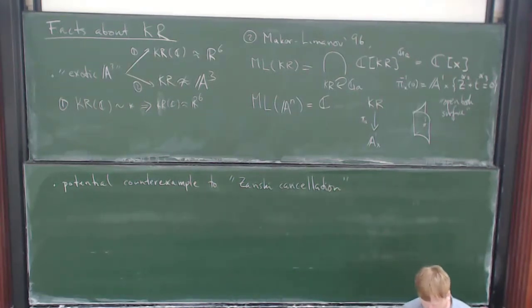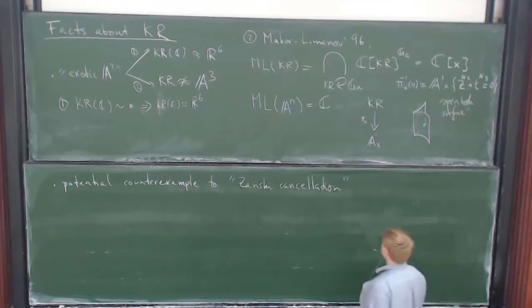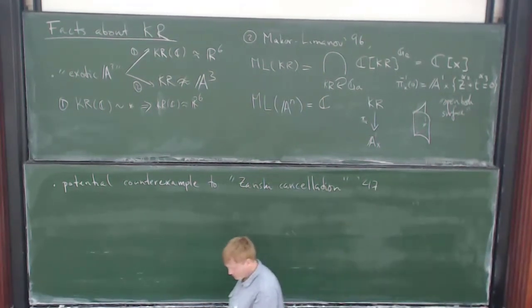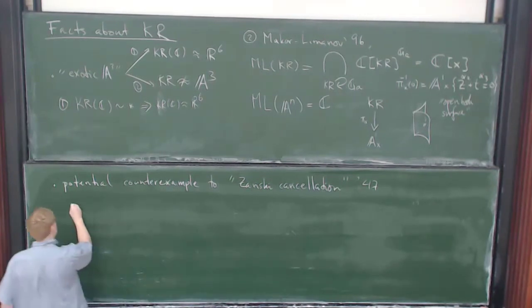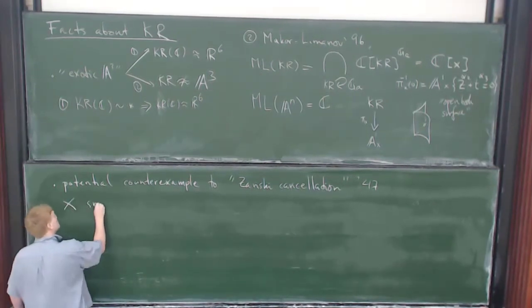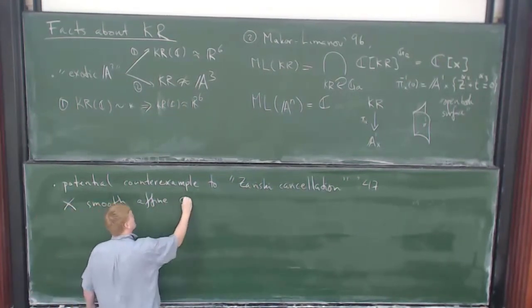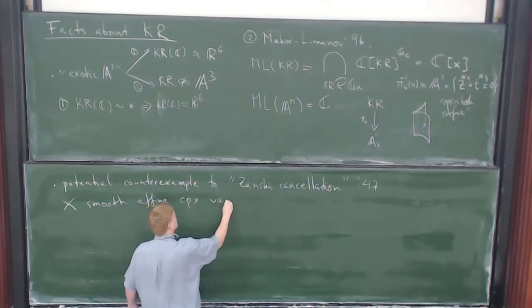So a variant of this was formulated in '49 by Zariski. Let's state it as follows. Suppose X is a smooth affine complex variety.